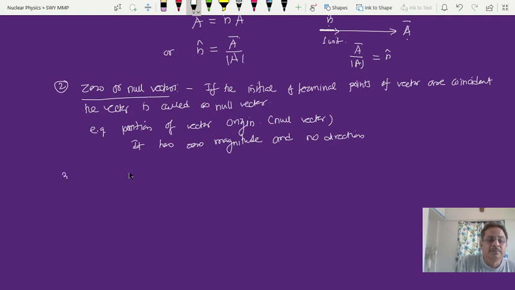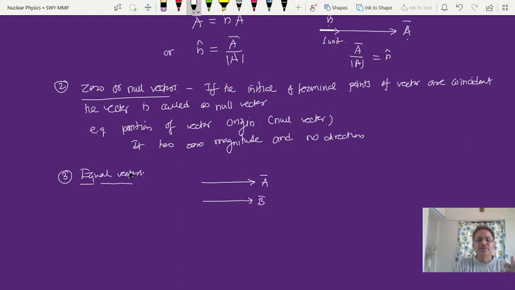Then third, we can go for equal vectors. Instead of writing the definition, I can draw this diagram. This is vector A bar, another vector B bar. To have these vectors be equal, what must be common? Vectors having the same magnitude and the same direction.